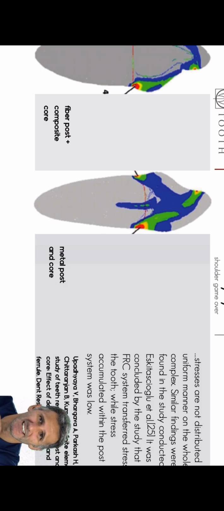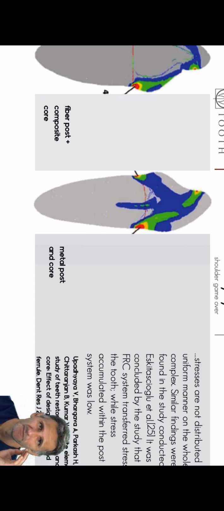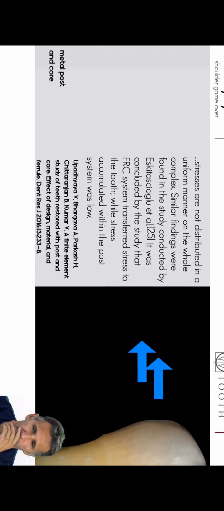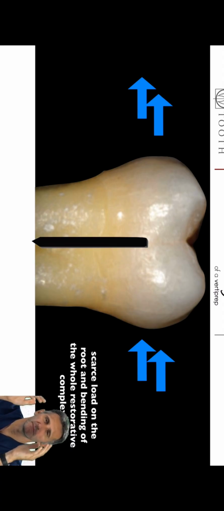And the fiber post is there just because there were inside the root canal some undercuts where some flowable resin, some cement arrived, and the fiber post is not able to come out. But physically speaking, there is no adhesion anymore. So what happens with the fiber post? Because they bend together with the restoration, we have a tooth that is bending, and the fiber post bends together with the tooth, giving zero stiffening of the restoration.